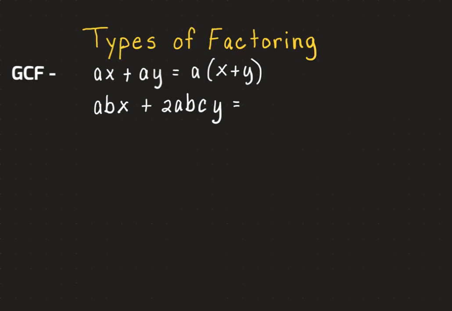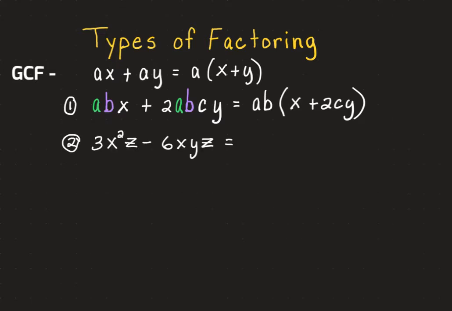AB times X plus 2 times A times B times C times Y. These two terms have multiple factors in common, A and B. So the greatest common factor of each of those terms is A times B, AB. That leaves us X, if we factor it out, X in the first term and 2CY in the second term. That was my first example of using GCF factoring.